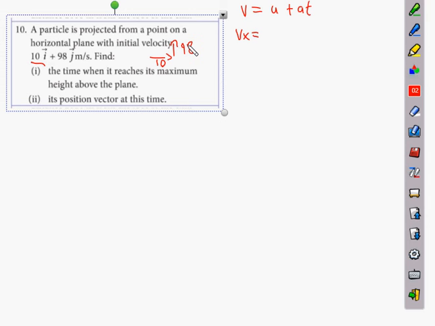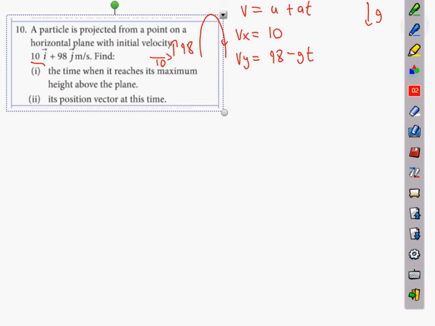That's quite a steep throw. So Vx is 10, and Vy is 98 plus AT, and because the Vy direction is affected by gravity, it's going to be minus GT.